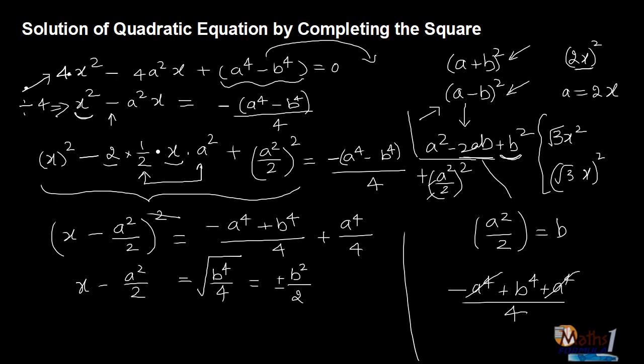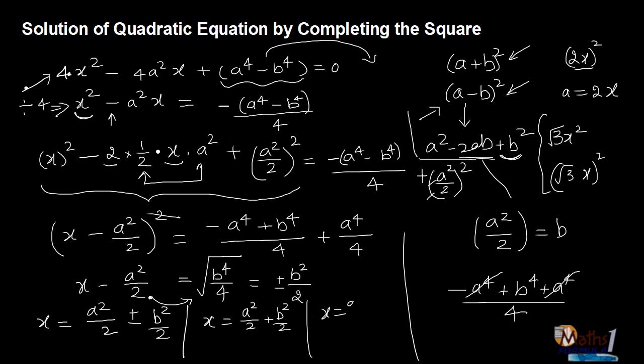So you have to keep that in mind. Now if we transpose this particular term, I get x equals, this will change the sign to a square by 2, and on the other side I have plus or minus b square divided by 2. If I separate this, that will be x equals a square divided by 2 plus b square divided by 2, or x equals a square divided by 2 minus b square divided by 2.